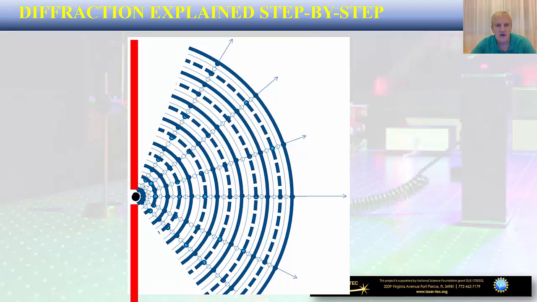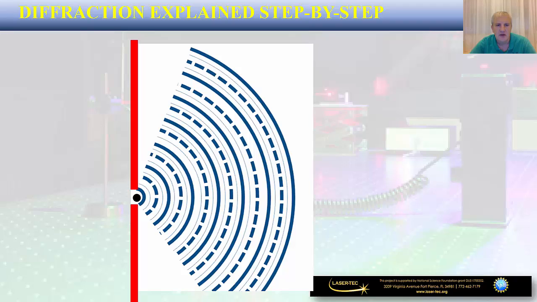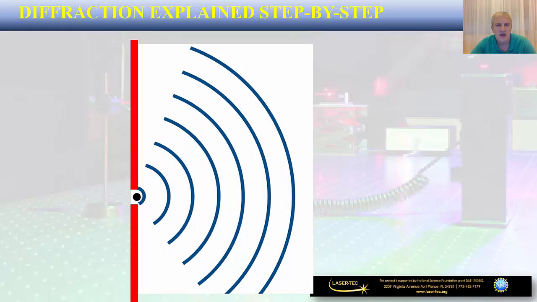Here the wave fronts of positive peaks are represented as full lines, and the lines of negative peaks, or negative wave fronts, are represented by the dotted lines. Now we can further simplify our model to present the wave fronts of our light wave, and go one step further and just look at the positive wave fronts.